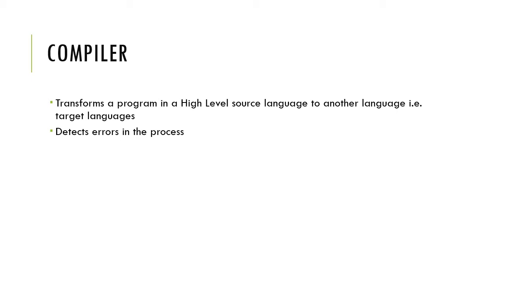The compiler converts this high-level source language program to a program in another language, that is the target language. And again, here we are not giving any specifics as to what would be the target language. It can be an assembly language, it can be a machine language, and so on. So a compiler translates from high-level language to some target language.